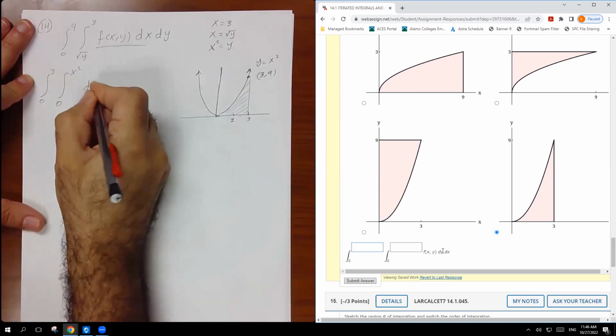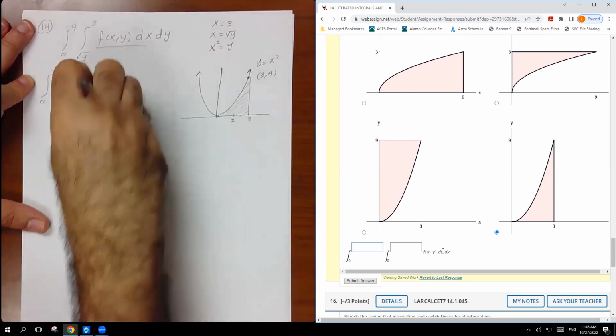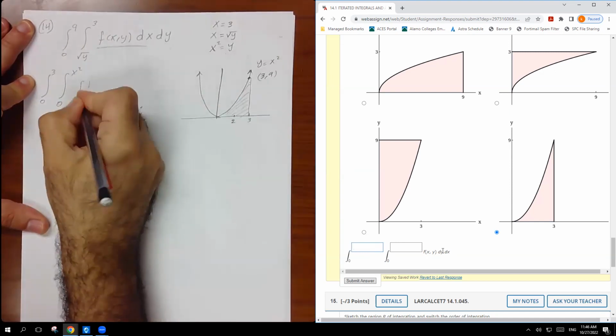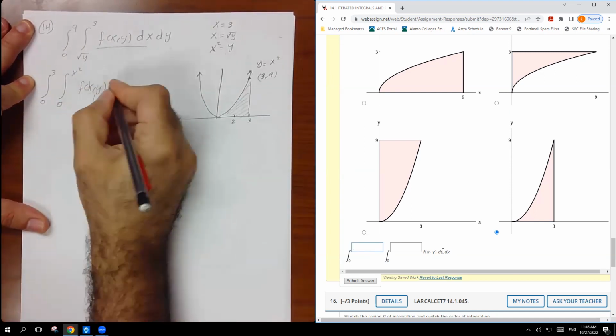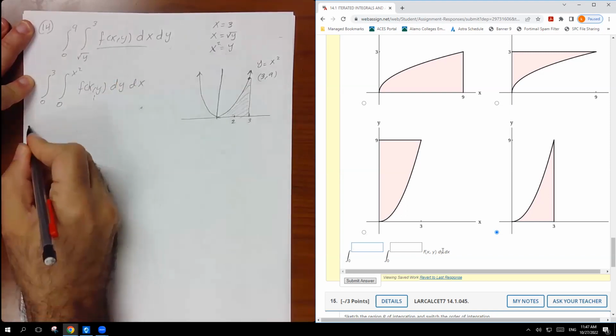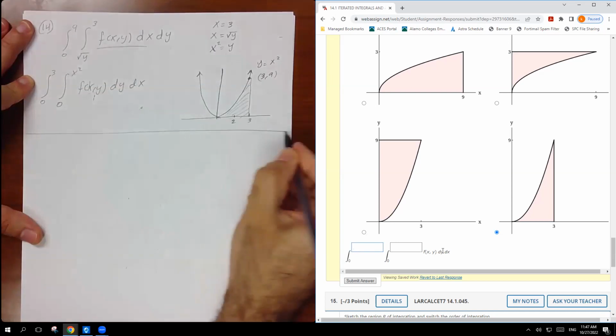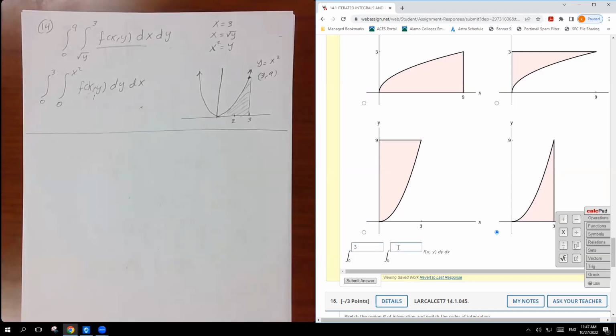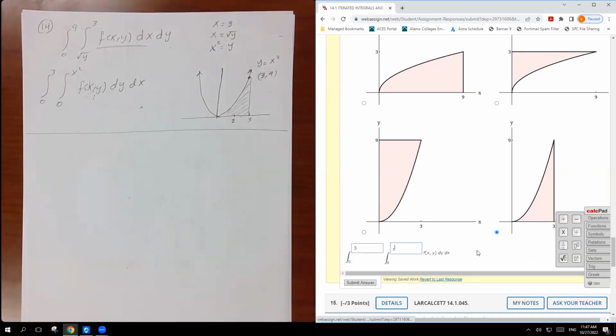And now it's going to be dy dx. It means f of x, y dy dx. So just type here 3, and here is going to be x squared. That's the only thing they ask you.